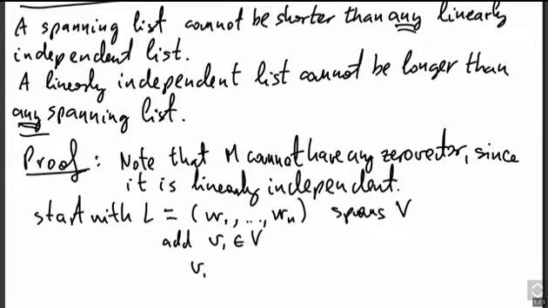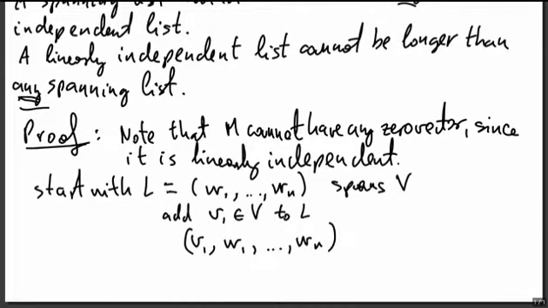So if we add this to the beginning of L, v1, w1 through wn, we get a new list. But that means that this is linearly dependent, since v1 is not zero, and it's in the span of these, since w1 through wn spans the whole space.